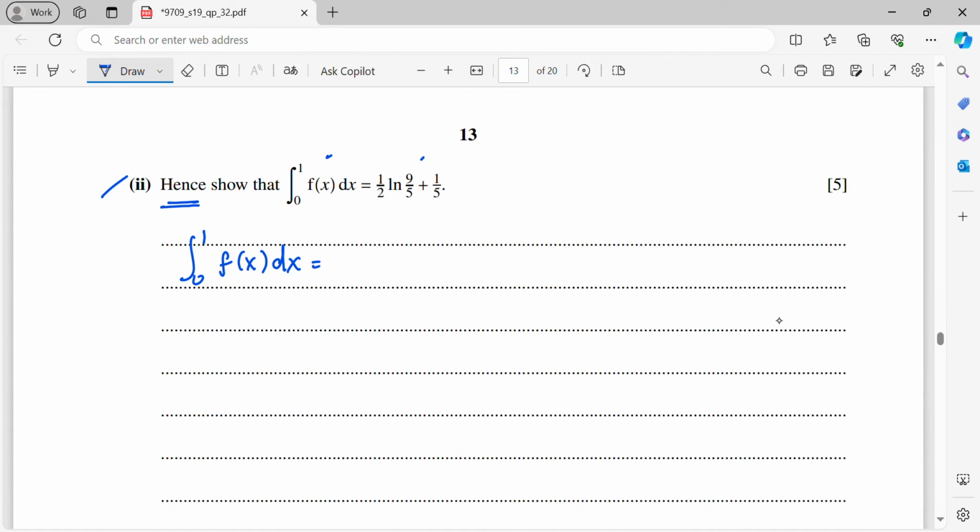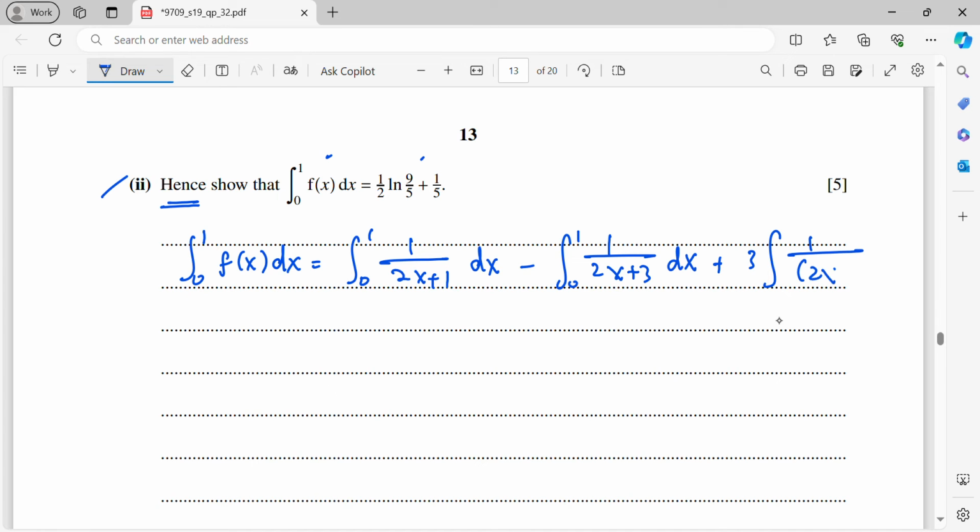So I will write equals to integrate 0 to 1, 1 over 2x plus 1 dx, minus, okay, I split it into 3 integrations, so integrate 1 over 2x plus 3, then plus 3 integrate 1 over 2x plus 3 squared.